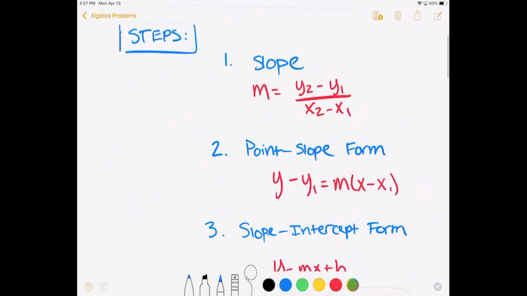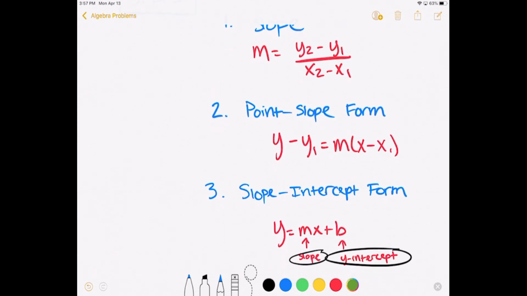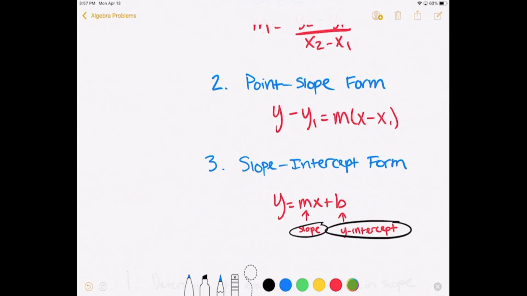The first thing, you're going to find the slope. When you think linear equation, linear function, you've got to find slope. Once you've found slope, you're going to use point-slope form, which is this equation right here. Out there, if you go to YouTube or look around on the internet, you may see another way it's done, which is fine.